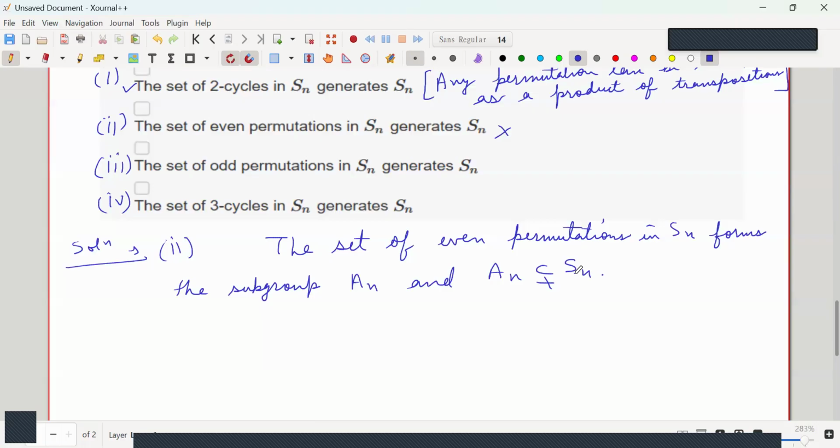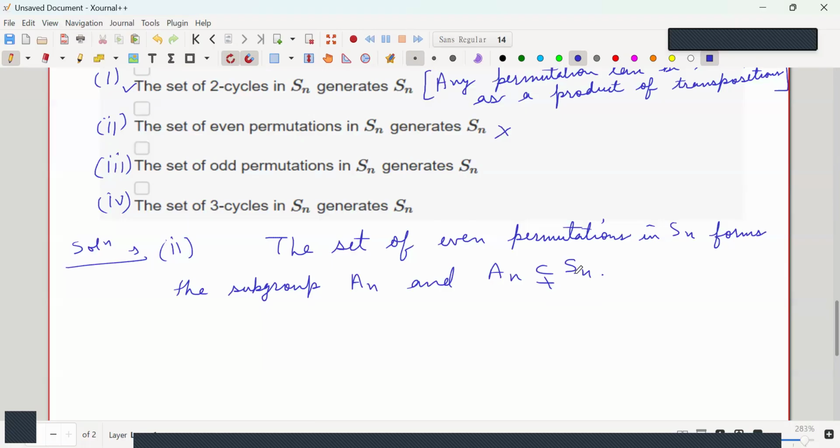That's the group itself. Generation means the smallest group containing those elements. But if it's already a group, then that's itself the smallest one, right? So it cannot take anything from outside.